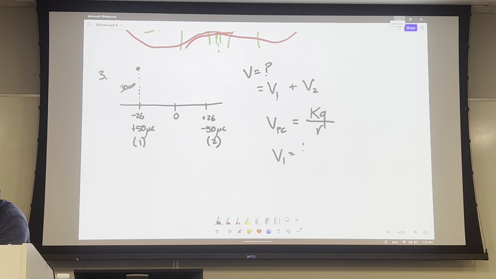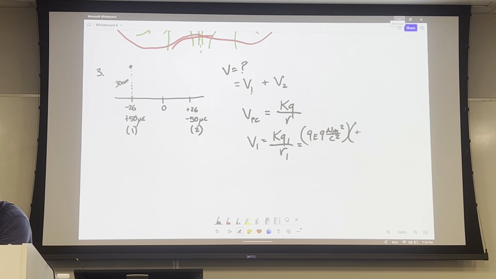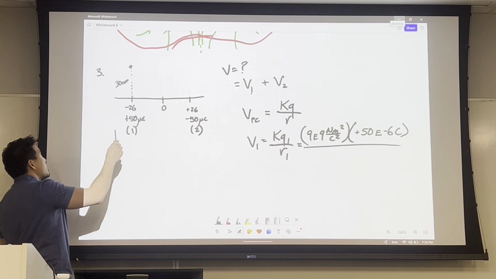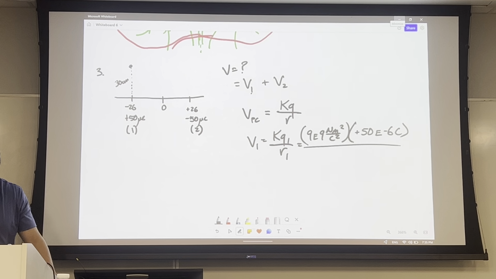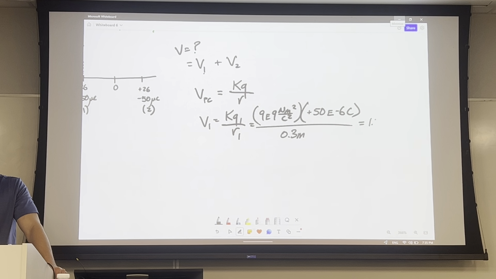So V1 is equal to KQ1 over R1, which is 9 times 10 to the 9th newton-meter squared over coulomb squared, times charge 1, which is positive 50 times 10 to the negative 6 coulombs, divided by, what is the distance R1? In this case, it's only 30 centimeters, so it is 0.3 meters. If you do that, you should get a value of 1.5 times 10 to the 6th volts.